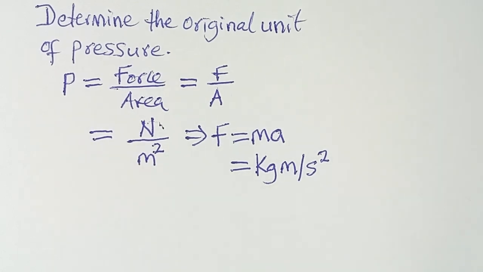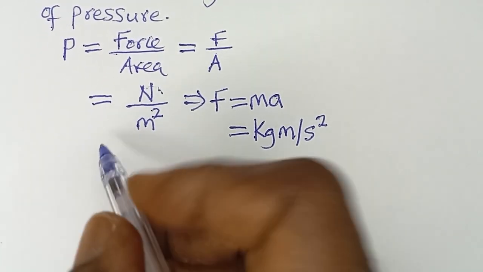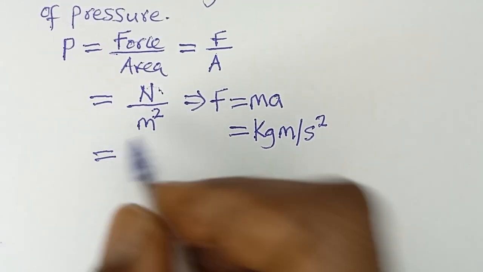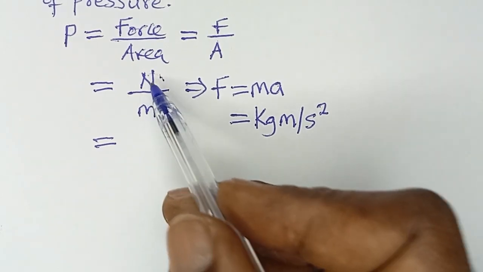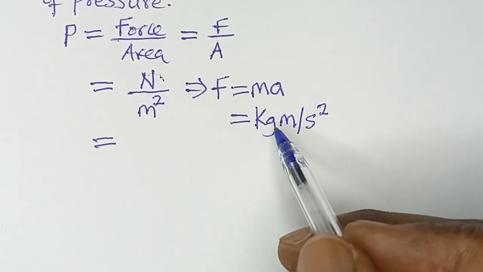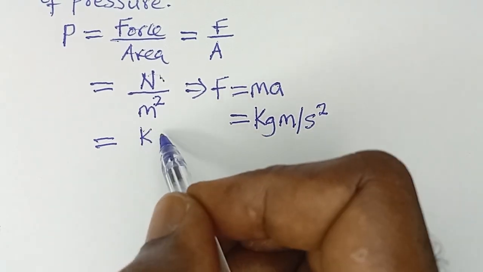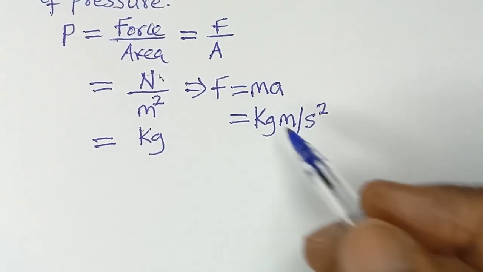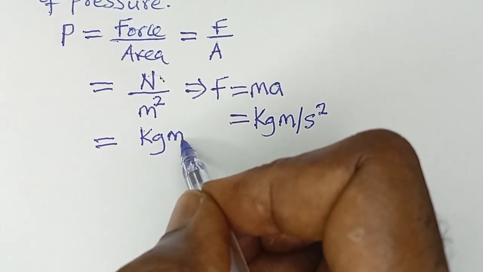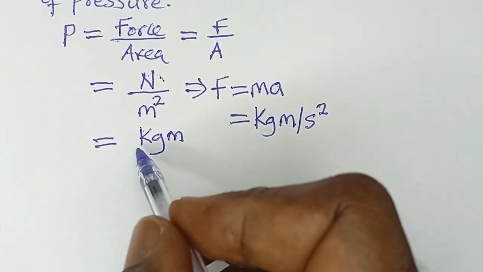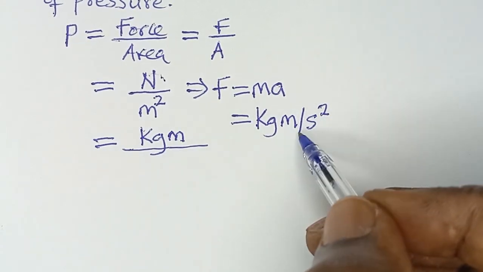Now, let's come back to the Newton that we have there. So I'll continue here with the pressure. So the pressure is the force, which is Newton over meter square. But we already know the Newton as kilogram, now multiply by meter, and then all divided. Don't forget divided by, because this slash here means division.